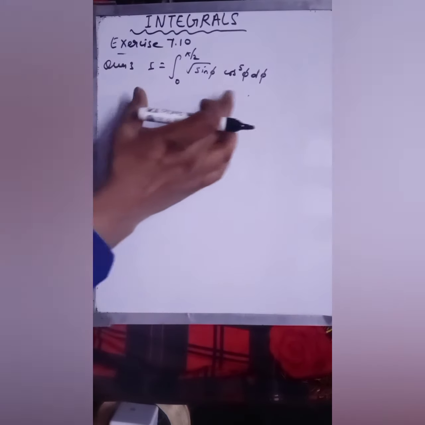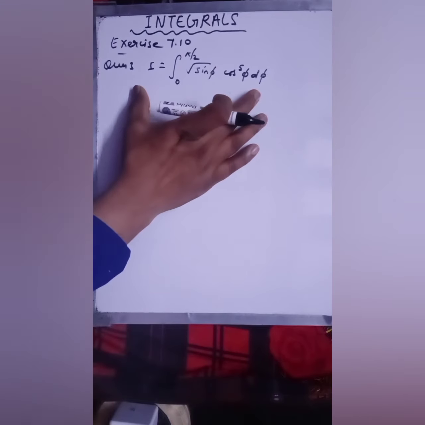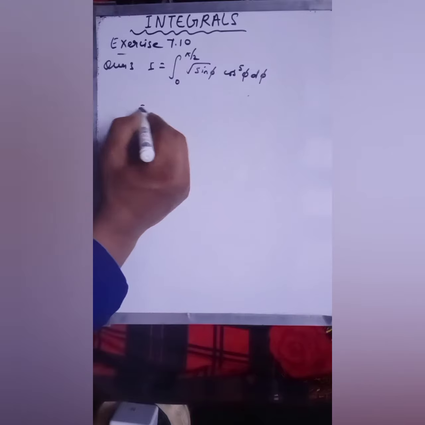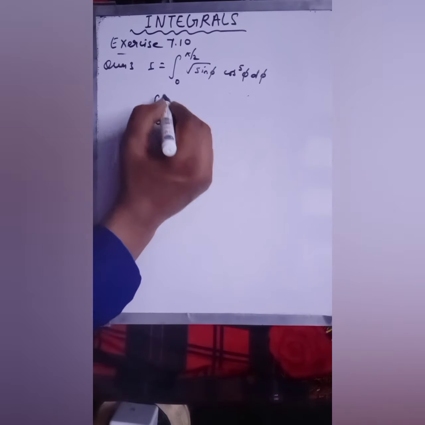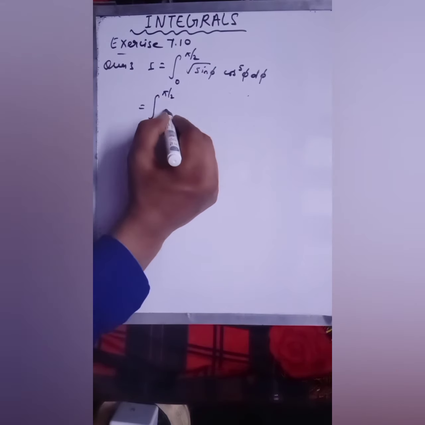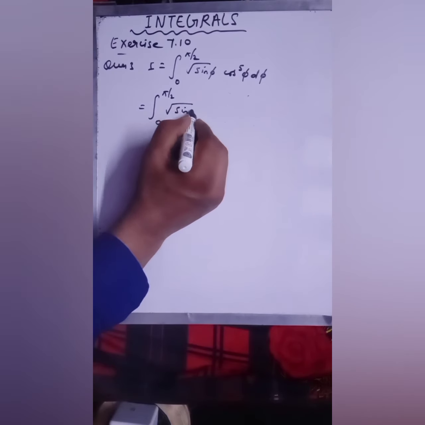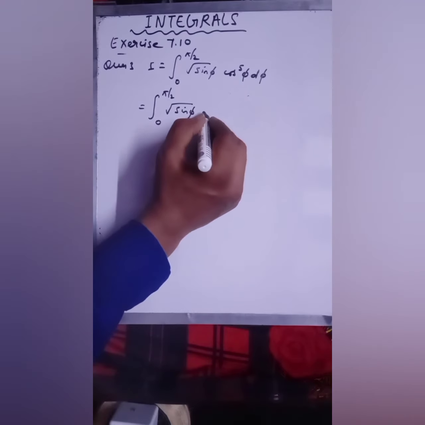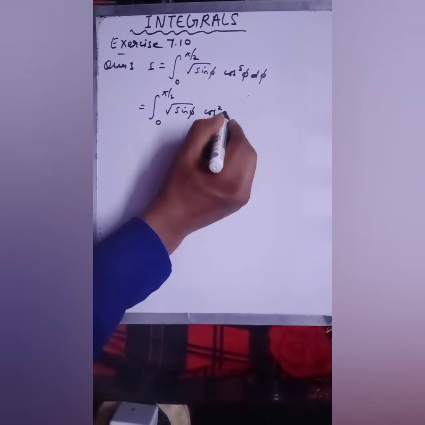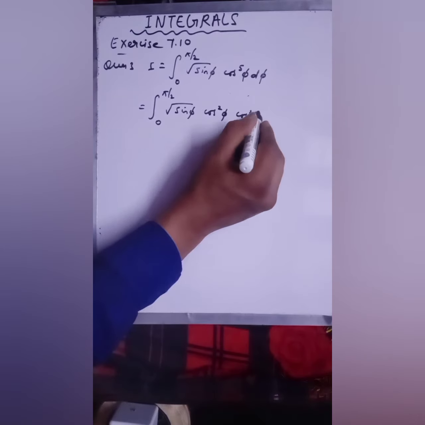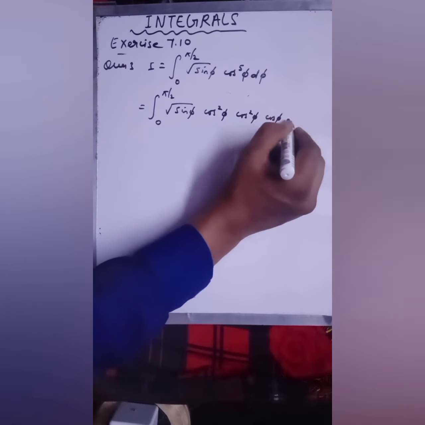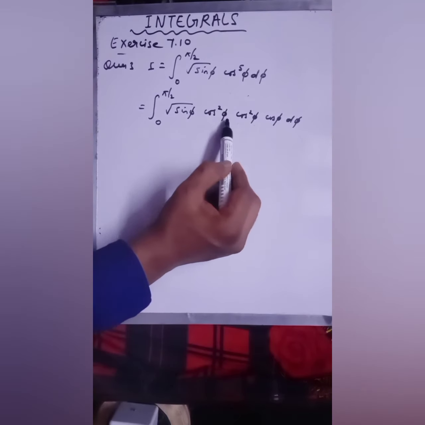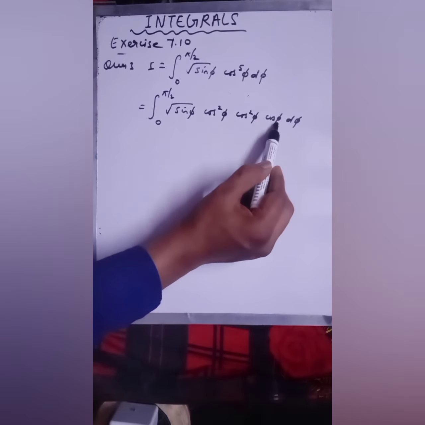Now this is your question number 3, children, and we have to find out the integration of this. In this question, we are writing 0 to pi by 2, the same thing, and square root of sine phi will remain the same. But this cos raised to power 5 phi, we can write as cos square phi into cos phi into d phi. Cos raised to power 5 phi I'm writing like cos square phi and cos phi.